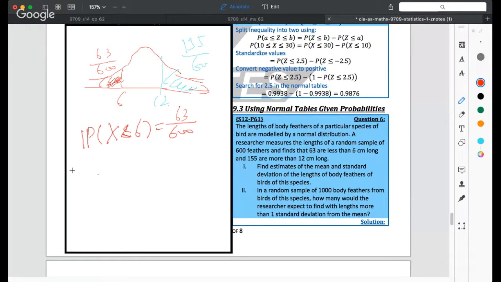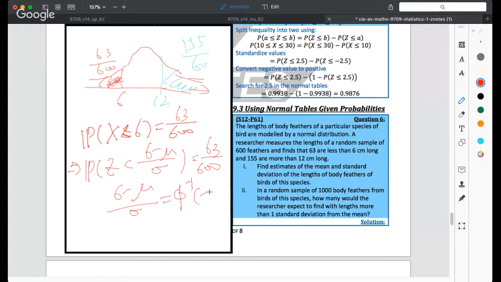For the first one, after standardization, we get the probability of z less than (6 minus mu) over sigma equals 63 over 600. So (6 minus mu) over sigma equals phi inverse of 63 over 600.